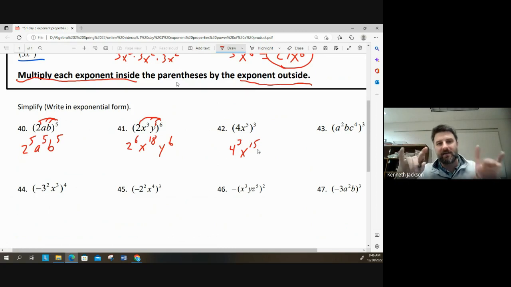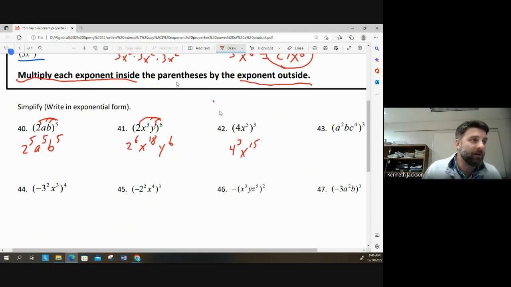So again, to tie this into the second property we picked up, which is day 1 of the notes, if we had a power like x to the 4th raised to another power 6, I would multiply these exponents, x to the 24th. Well, what I'm saying now is we do that more than just one time.